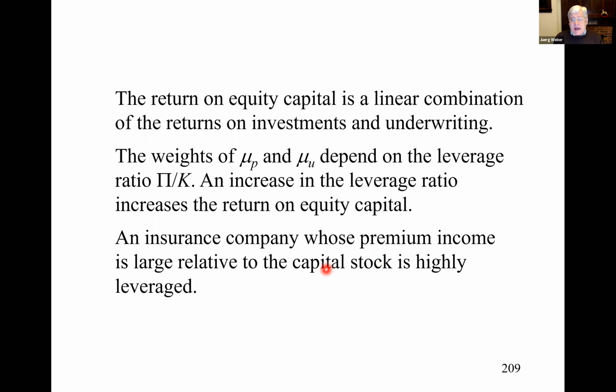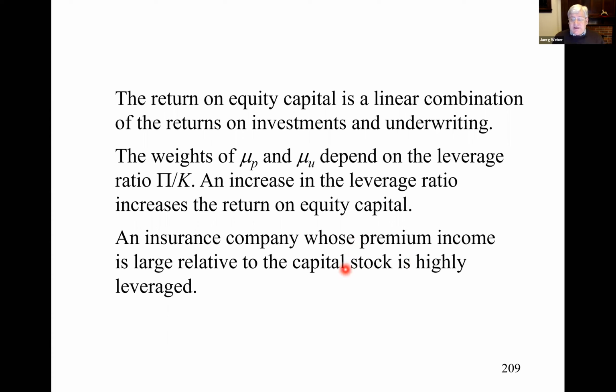Remember, the shareholder capital, that was the buffer stock against ruin. So here, the buffer stock is relatively small relative to the premium income. The insurance company just lives mostly on the premium income during the year and doesn't have a big buffer stock in the form of equity capital. So the insurance company is highly leveraged and it's quite risky.